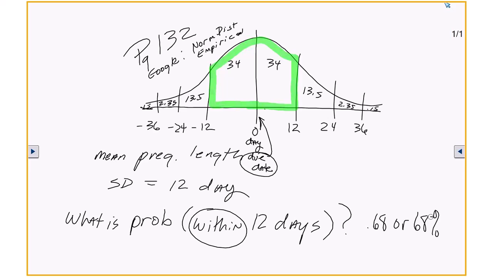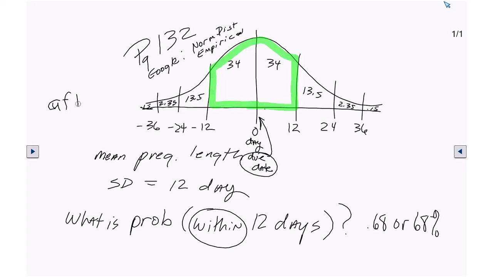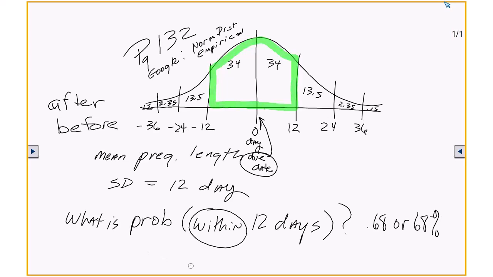Notice I said after, I didn't say within. What's another word? Instead of after, what's another word? Before. So you need to look for after, before, or what? Within. On this type of question.